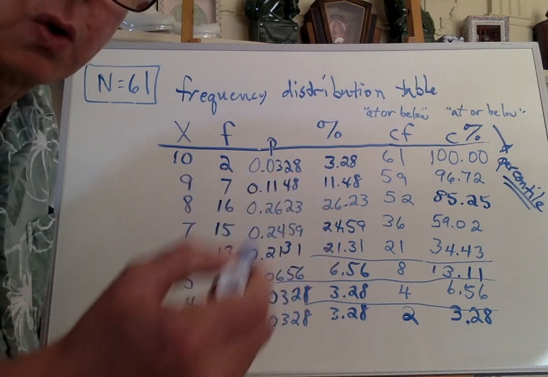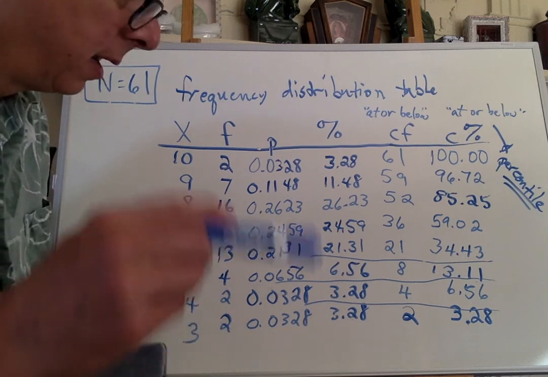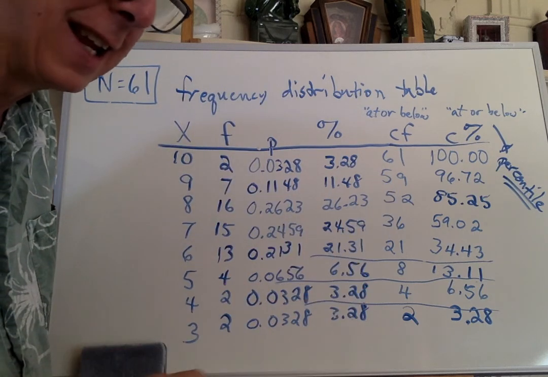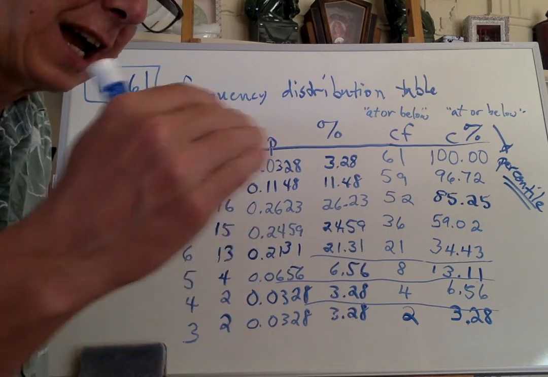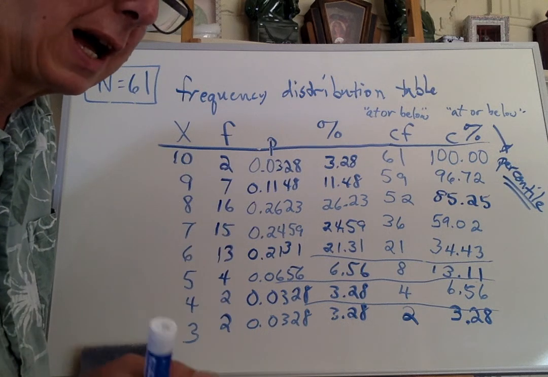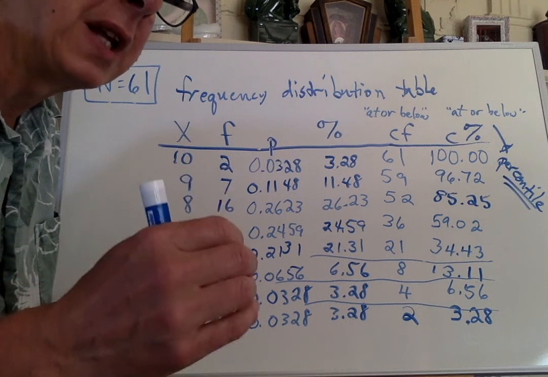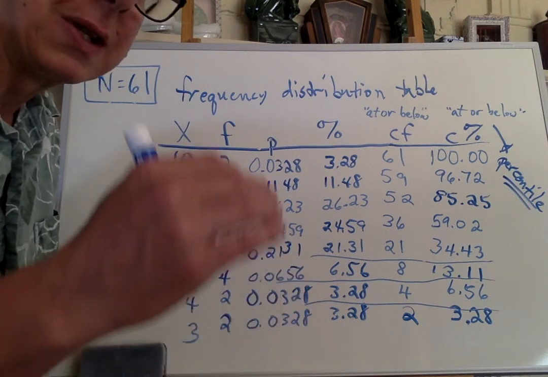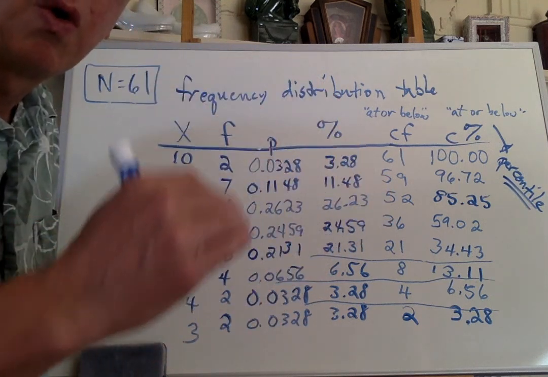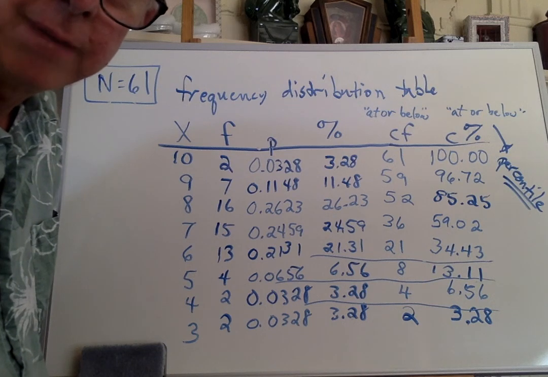At or below. At or below, okay? Not at, and it doesn't tell you what percentage are at your score. It doesn't tell you your percentage on the exam. It says, this is the percentage of the people that scored the same as you or below you, okay?